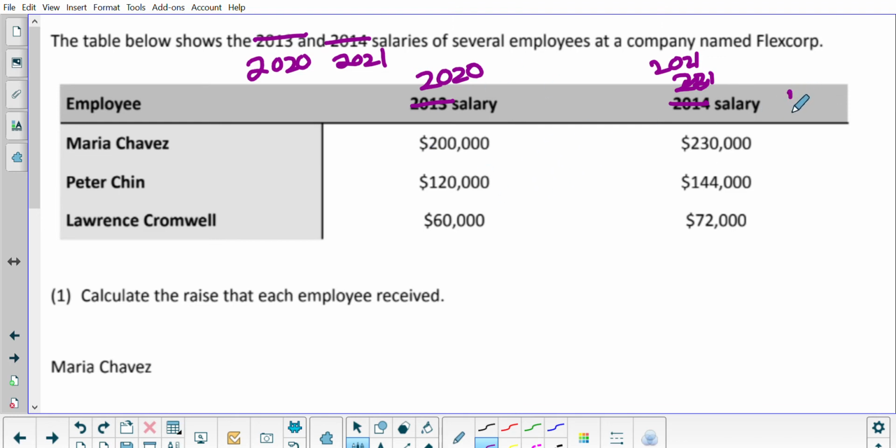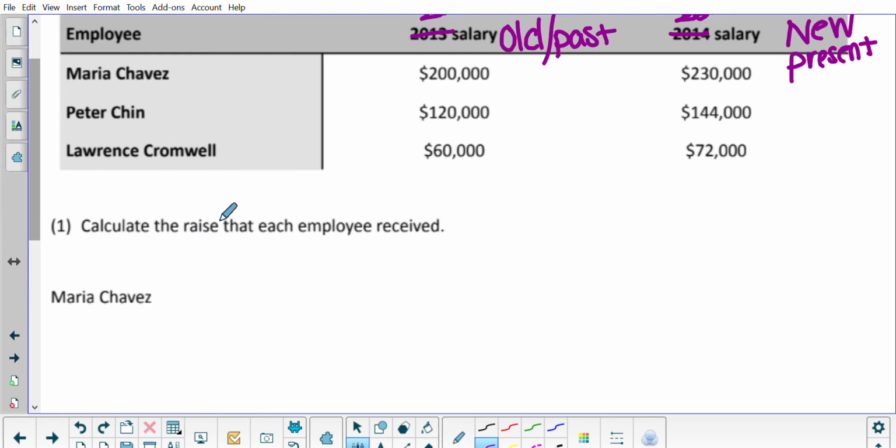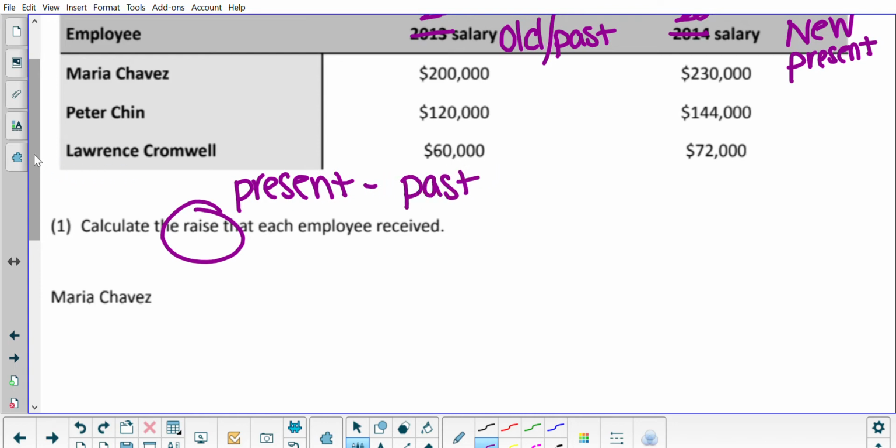So this is our new, this is our old. You may also hear me say present salary, past salary, okay? So to calculate the raise, I'm going to do present or new minus past.